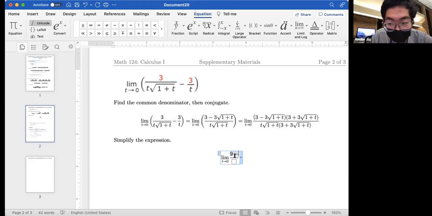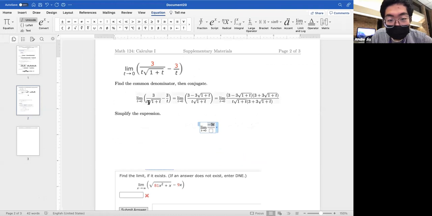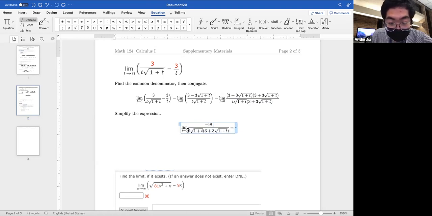It's going to be like a negative 9t. The main purpose is to get the t canceled, so the denominator is not 0. The limit is just going to be a negative 9, and plugging in 0, it's just going to be a negative number 9.